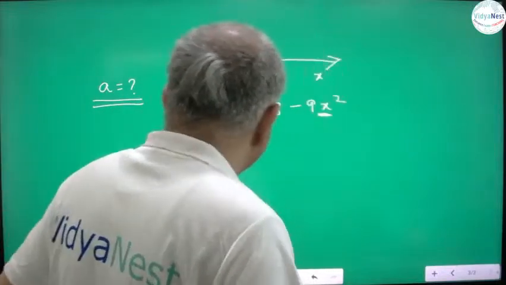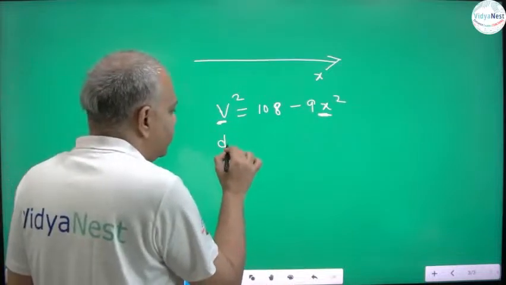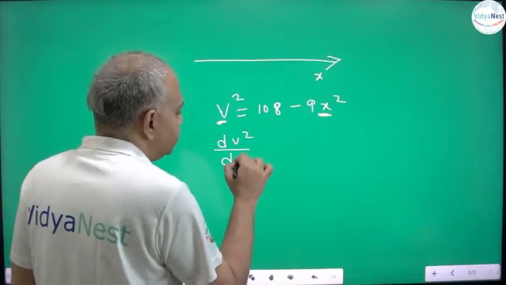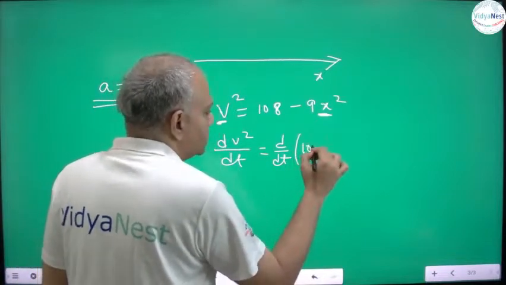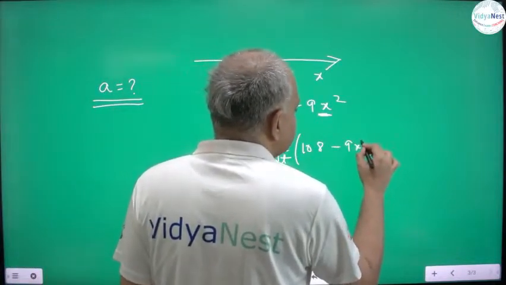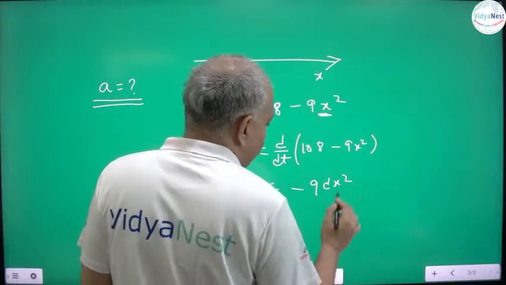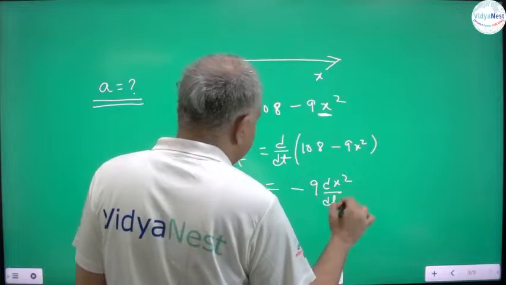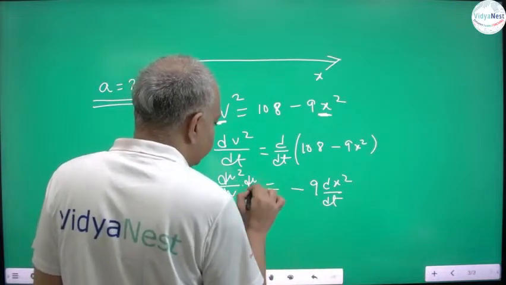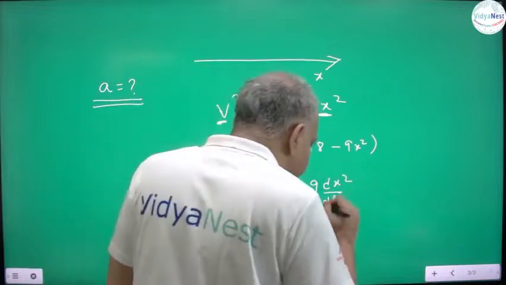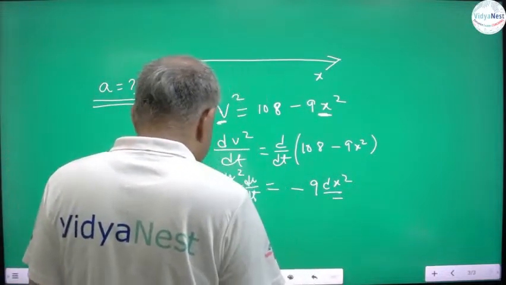Okay, fine, very simple. If I want to find the acceleration, just differentiate this one. dv square by dt, we differentiate with time: d by dt of 108 minus 9x square is equal to minus 9 dx square by dt. If I differentiate v square with time, by the chain process dv square by dt is 2v into dv by dt.